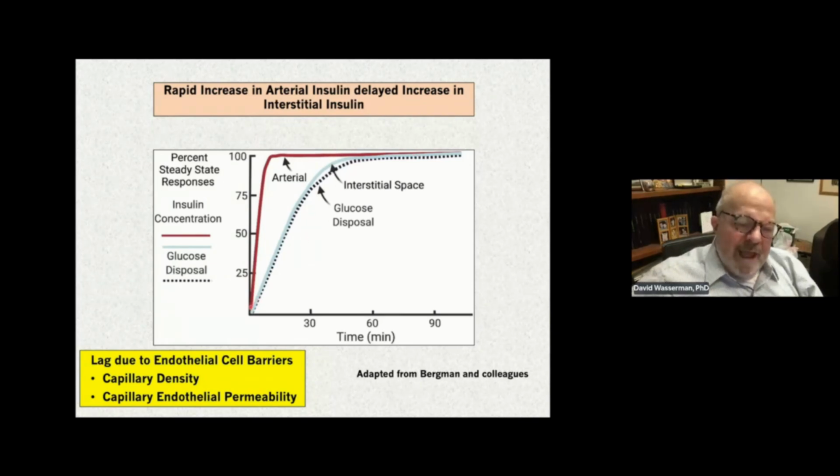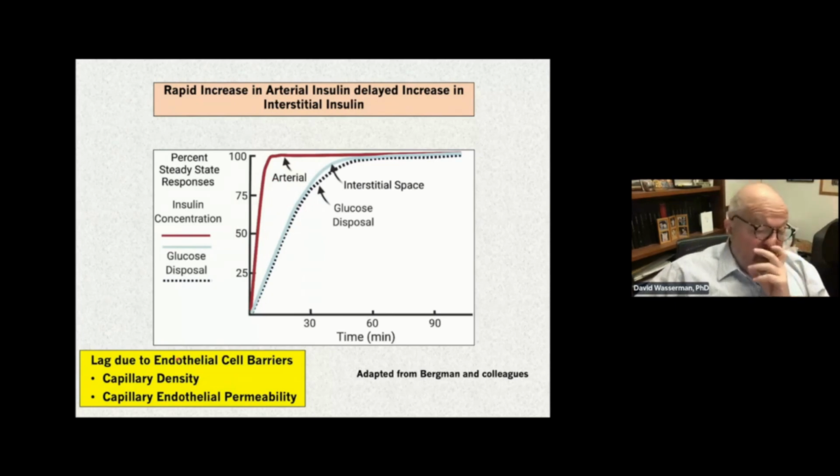But in terms of getting into the interstitial space, the site of action, it rises quite slowly and maybe reaches a steady state in a somewhat longer fashion. Now, the interstitial space, of course, is what bathes the parenchymal cells, and you can see the glucose disposal runs in line with the interstitial insulin and not the arterial insulin. So there's a barrier to insulin getting across here.